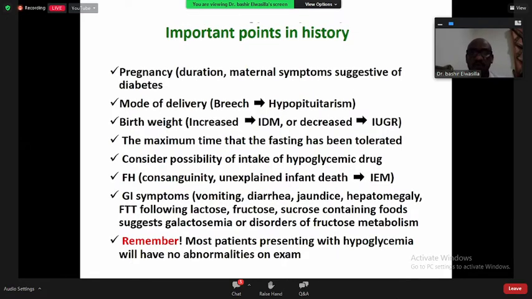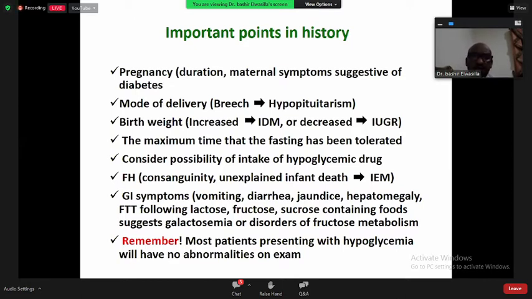There are important points we have to take care of when taking the history. Number one, you should ask about the pregnancy, the duration of pregnancy. Is it a complete pregnancy, or is there prematurity? Ask about maternal symptoms suggestive of diabetes, like gestational diabetes. You also have to ask about the mode of delivery, because some cases of hypopituitarism usually present with breech delivery.